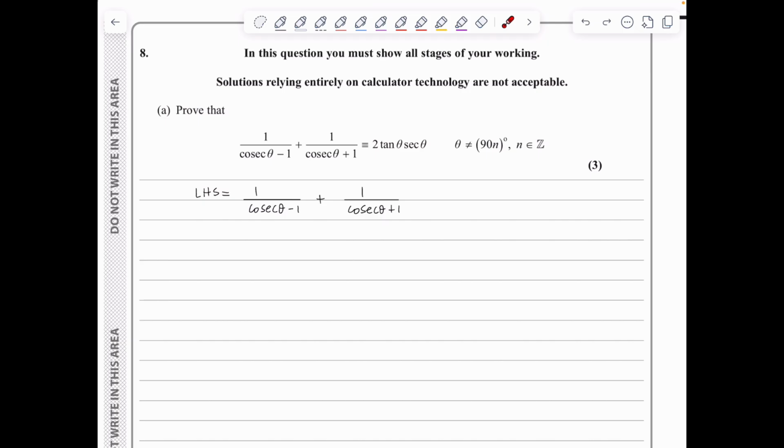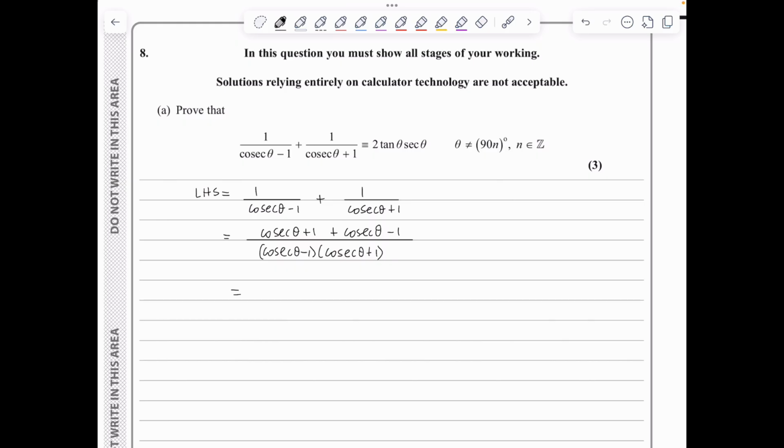I'll be expressing everything as a single fraction with the denominator of the LCM, which is cosec theta minus 1 times cosec theta plus 1. So looking at the first fraction we had here, I need to multiply this by cosec theta plus 1, and the second fraction by cosec theta minus 1.